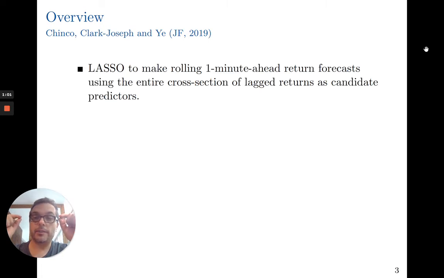And their idea is to see if the next minute return can be predicted by the current and past returns of the firm and all the other firms. Okay? So they are using current and past returns for the whole universe of firms to predict the return for the next minute of a specific firm. Okay? So it's really high dimension.